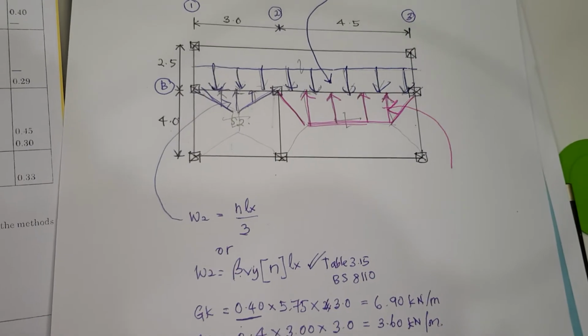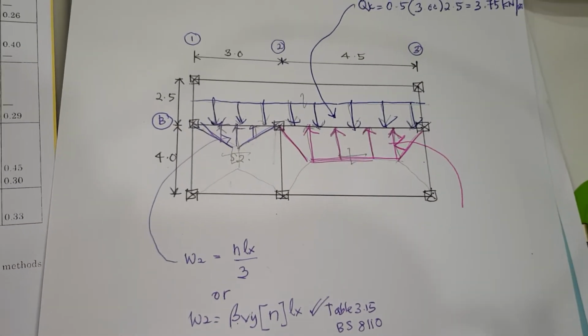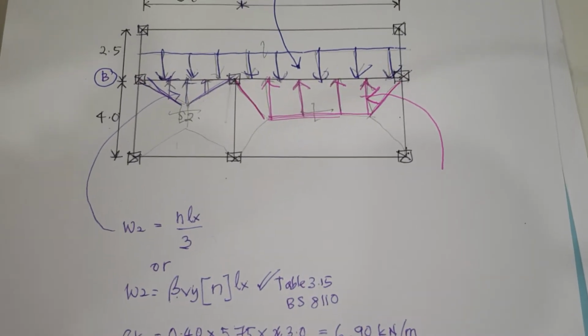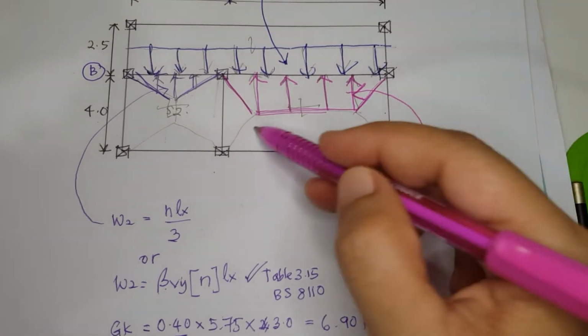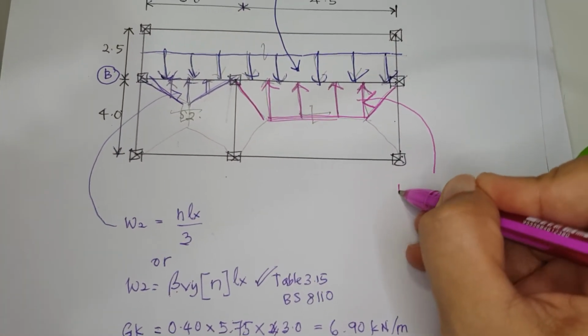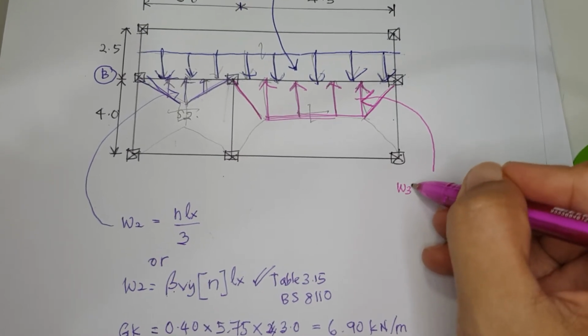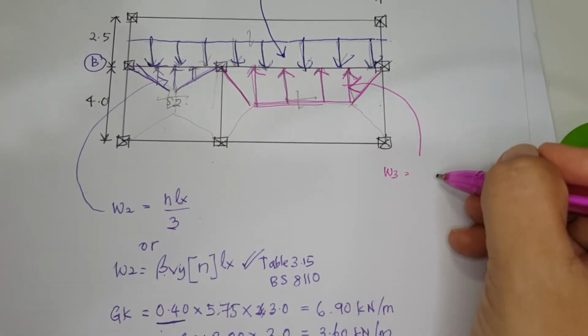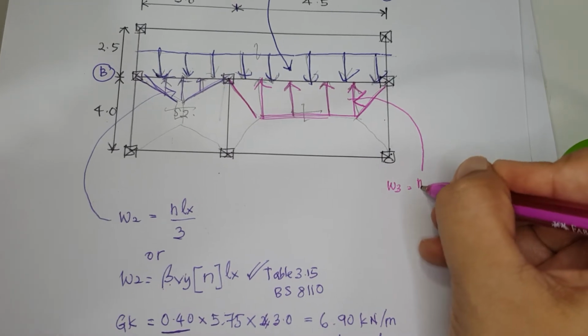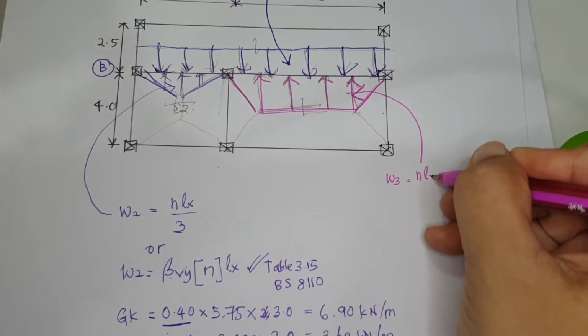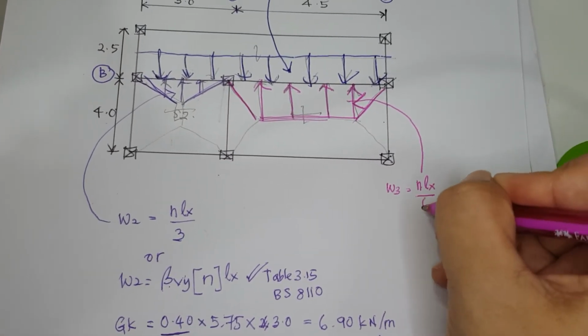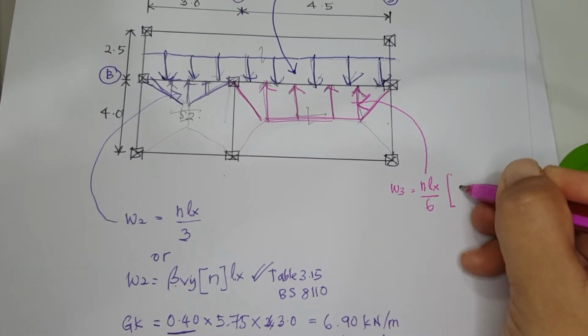So for slab number 3, two-way slab, there are two options. The first option is for the trapezium two-way slab. The equation is W3, where 3 is for slab number 3, the load multiply with Lx divided by 6, 3.